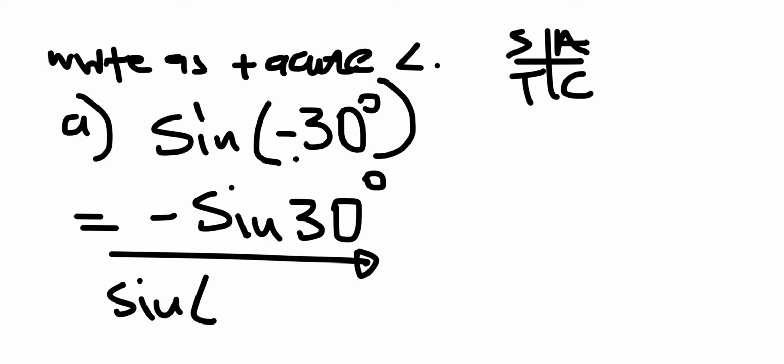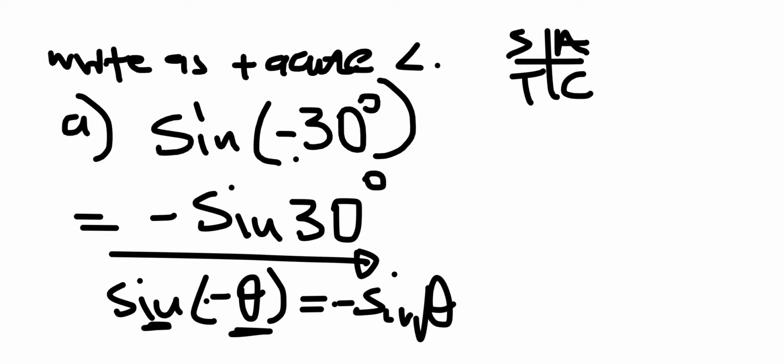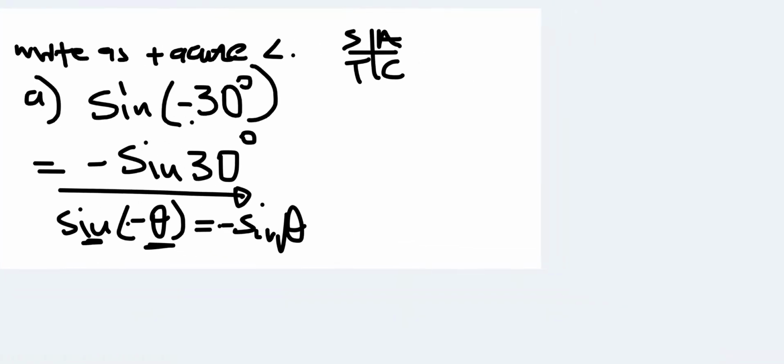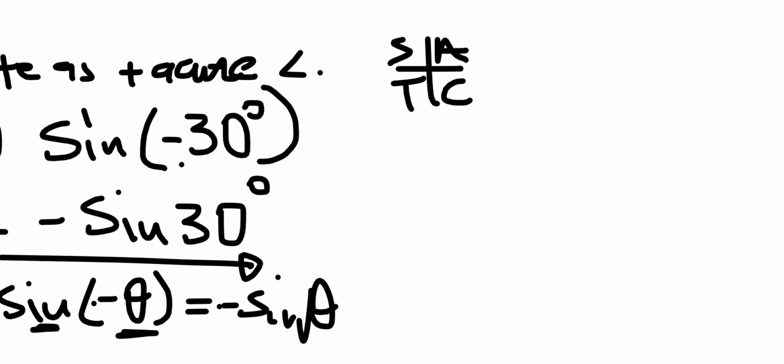You remember we said if we have the sine of a negative angle, we say which quadrant? Fourth quadrant. Is this thing positive or negative? It's negative. Then it ends up being negative sine of that. The only difference is that here it's given to us as a number and not as theta.